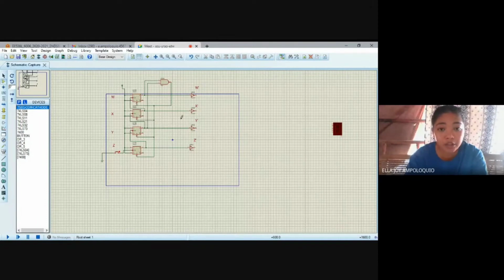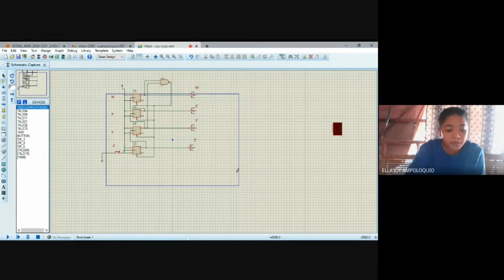Since I have the equation, I will put first the different equations here, then connect them to the 7 segment.